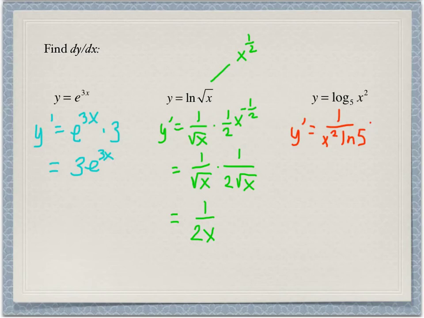But finally I have to multiply by the derivative of x squared, which will just be 2x. And so simplifying this a bit, I will have 2 over x ln 5. Notice that one of these x's was able to cancel out. One's in the numerator, one's in the denominator. So there's your answer right there.